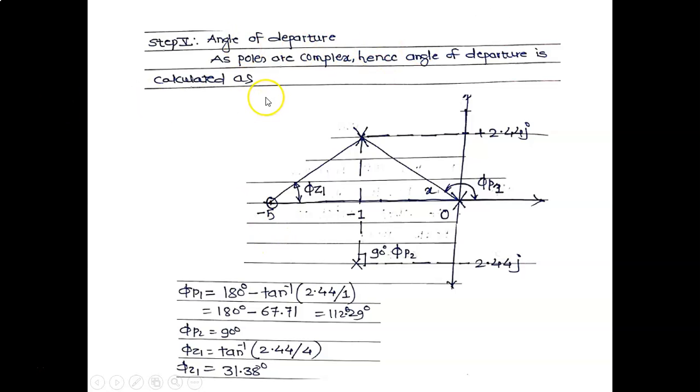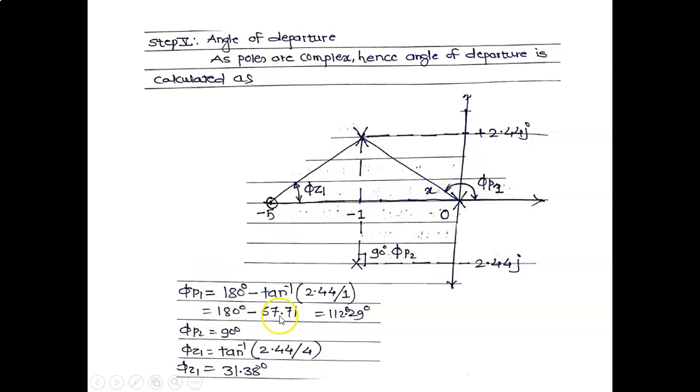Now angle of departure, as poles are complex, hence angle of departure is calculated as follows. First of all connect all the poles and zeros to this second pole, that is minus 1 plus 2.44j. Therefore first phi P1 we are getting as 180 degree minus tan inverse of this height 2.44 divided by this 1.